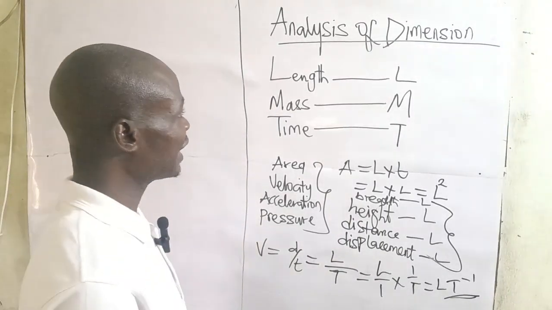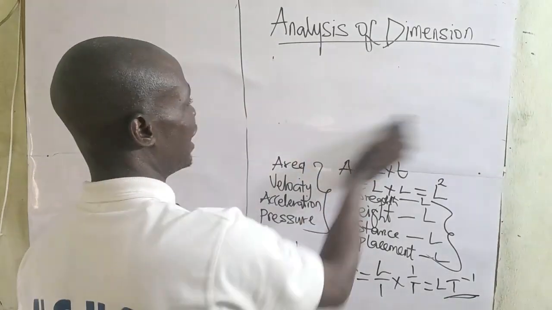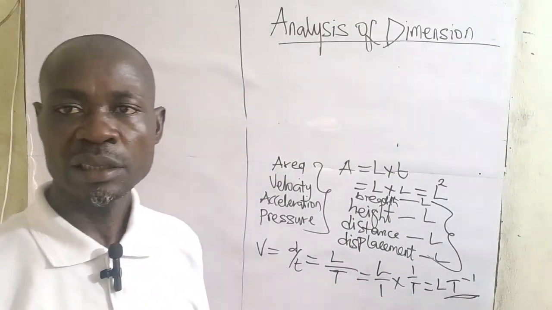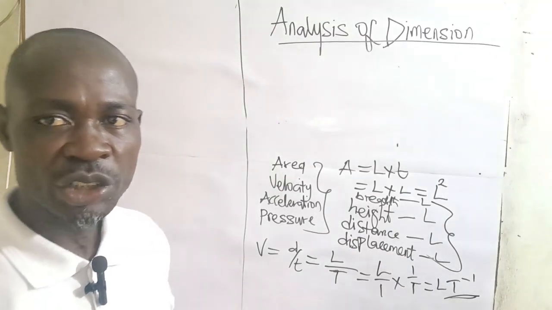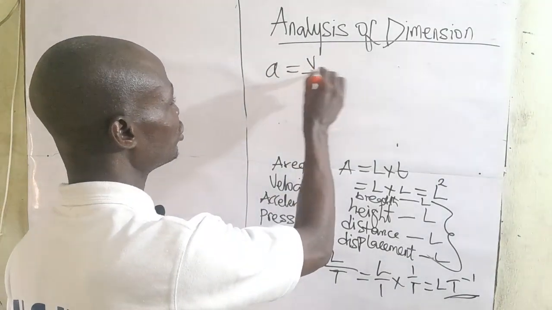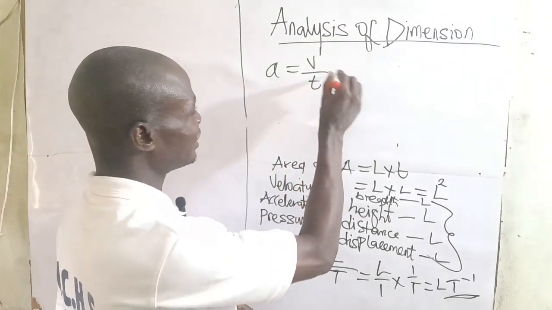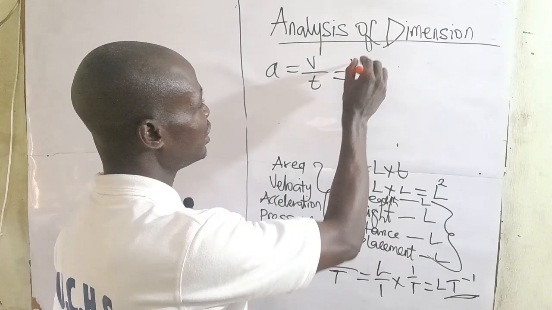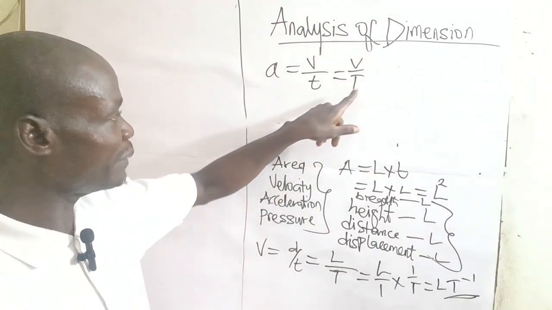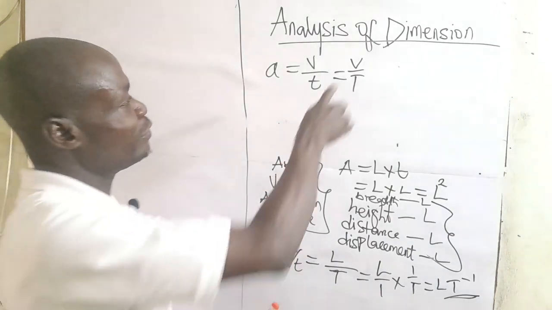I will do the same for acceleration. What is acceleration? Acceleration is velocity change over time, which is v over t. Now, look at this. I am going to do v over t. You can see t is in dimensional form, but v is not.